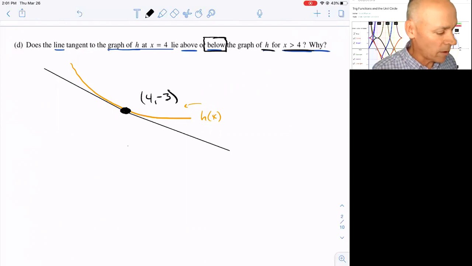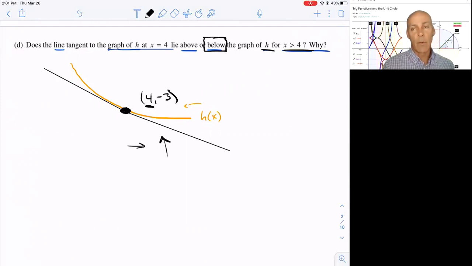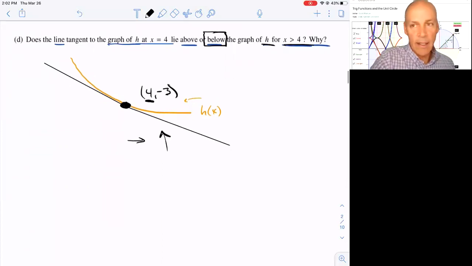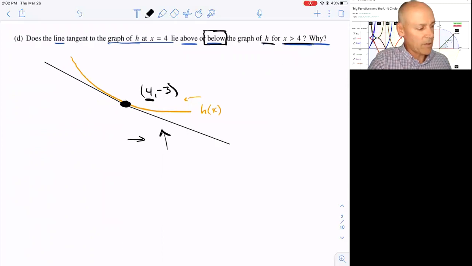So I'm looking over, greater than 4, over in this area here, and it really wouldn't matter. As long as I'm somewhere on h and h is concave up everywhere, it doesn't matter that x is greater than 4 or x is less than 4. The tangent line is still below the graph of h. Now the why, well, again, what I would do is flip the question back as I'm writing my answer.